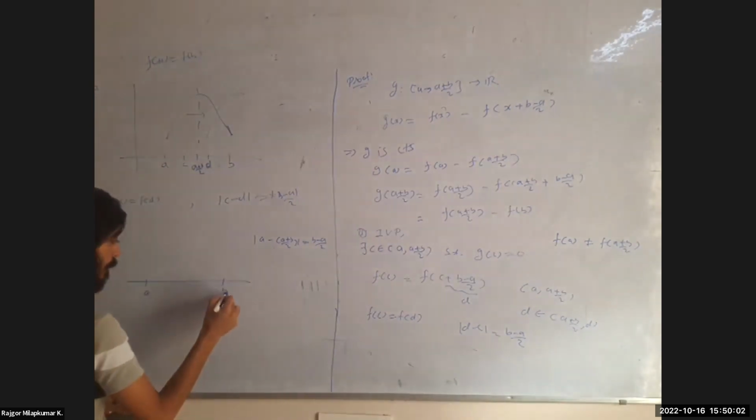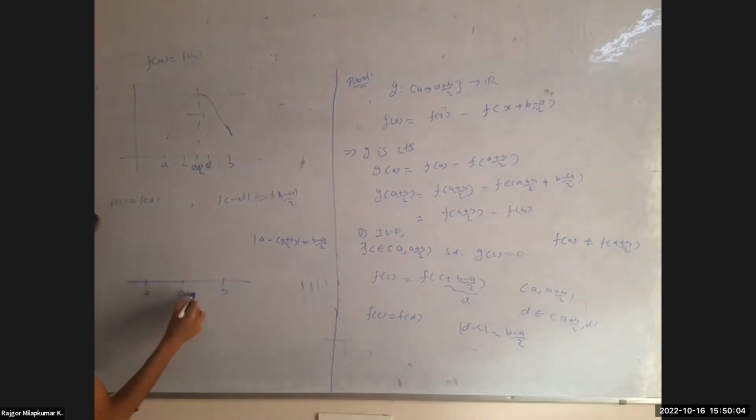Then I can choose either this interval or that interval. So in this case also, I have a sequence of nested intervals. I will call this A1 and this B1, and then I can do the same thing again here. Is it fine?